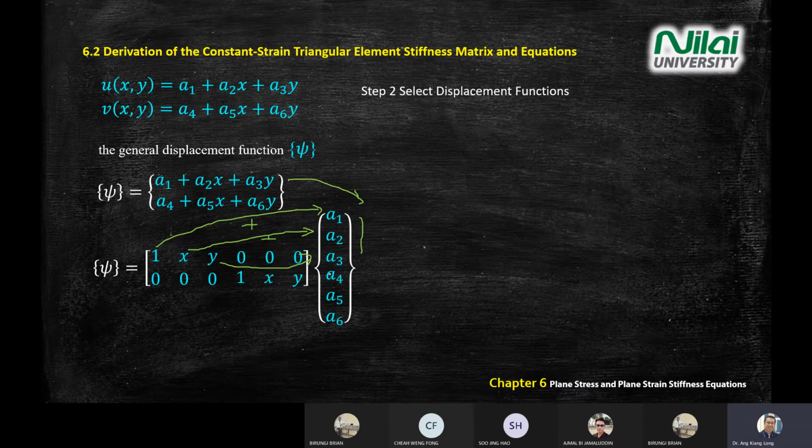Then the rest is not relevant because in the first equation you don't have a4, a5, a6, so you put 0, 0, 0. You do the same for the second row of the matrix. You don't have a1, a2, a3 in the second equation, so you put 0, 0, 0, and then you put 1 times a4, x times a5, y times a6. You get the matrix form like this.